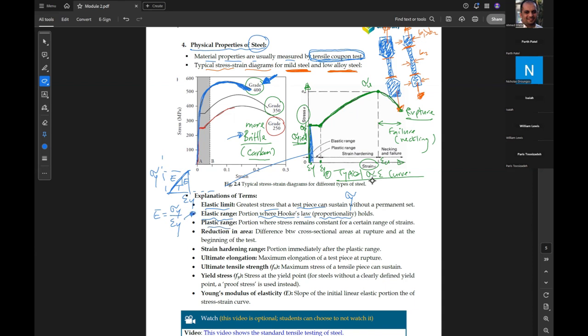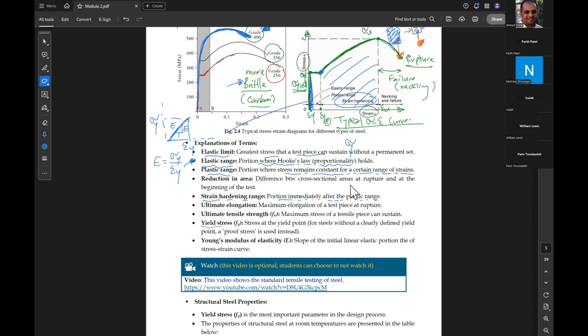The plastic range is where the stress remains constant for a certain range of strains. The strain hardening range is the portion immediately after the plastic range, starting from here. So this is the strain hardening area and so on. The yield stress F yield is important, because these three are the most important properties of steel.